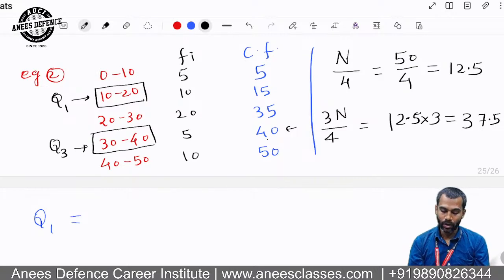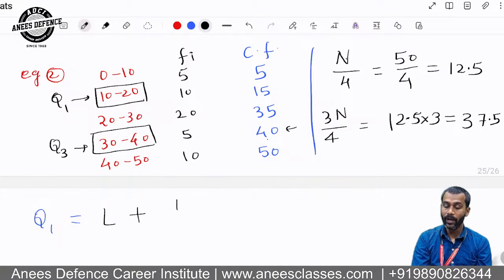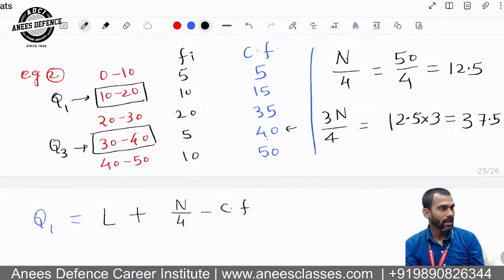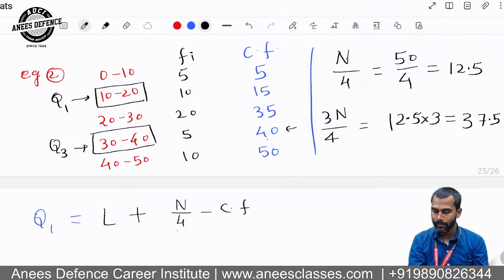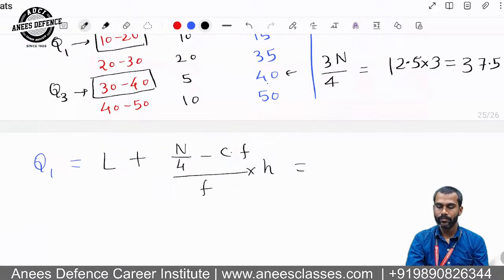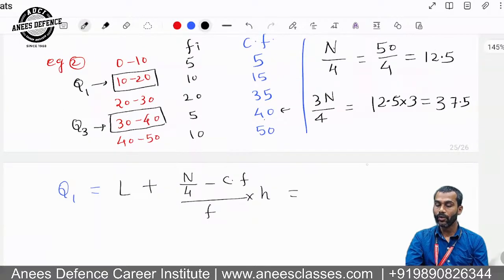Now, what is the formula for Q1? L plus n by 4 minus the cumulative frequency of the class preceding the class where Q1 lies, divided by F into H. What is L for Q1? 10.